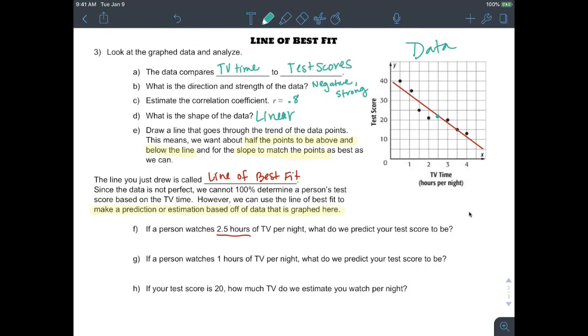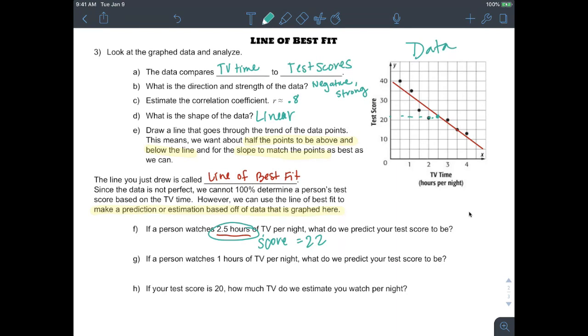And I see that that is about 22. The score is equal to 22 when I watch 2.5 hours of TV. Now, if you watch 2.5 hours of TV, it is possible that you could get a score of 40 on your test. But according to our estimation line, we predict that the score is going to be about 22.